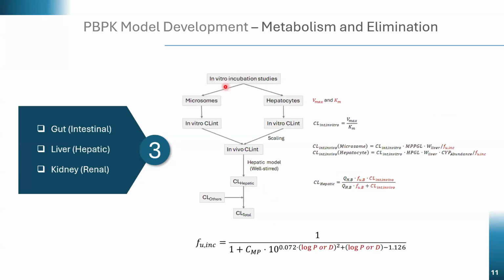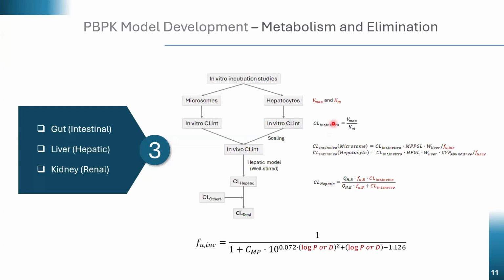So let us say you conducted an in vitro experiment using either a microsome study or a hepatocyte study. The two important parameters you are looking for are the Vmax and Km. When you get these two, you do Vmax over Km, and the Vmax over Km is your intrinsic clearance. But don't forget that we did this experiment in vitro. So the value here is your intrinsic clearance in vitro. But what I need is the clearance of the drug in human beings.